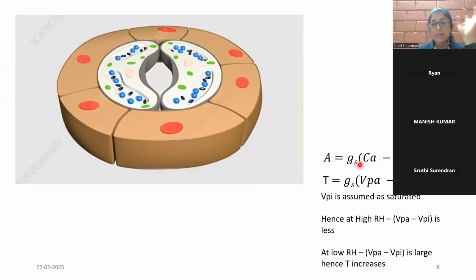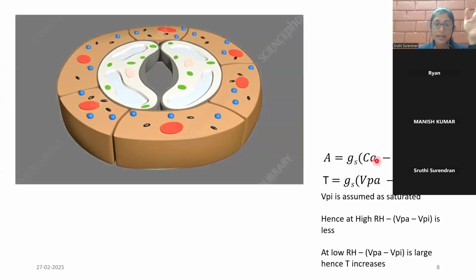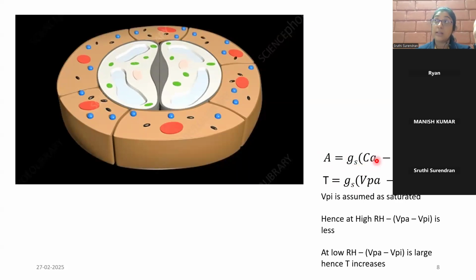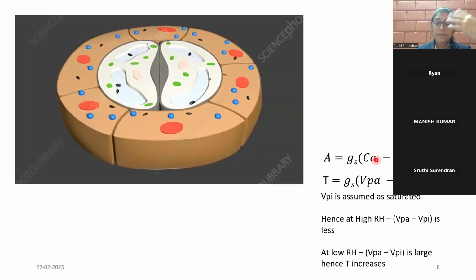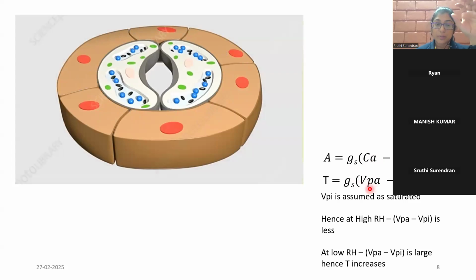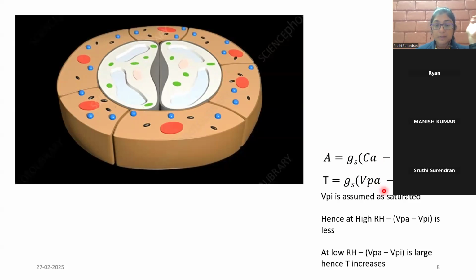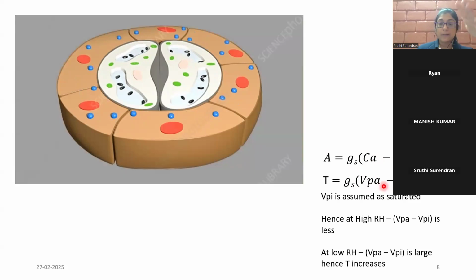So A is proportional to the stomatal conductance as well as the concentration gradient of carbon dioxide within the leaf and outside the leaf. In the same way, transpiration is also dependent on the stomatal conductance and the vapor pressure deficit. Vapor pressure deficit is nothing but the difference in the vapor pressure outside the leaf and within the leaf.